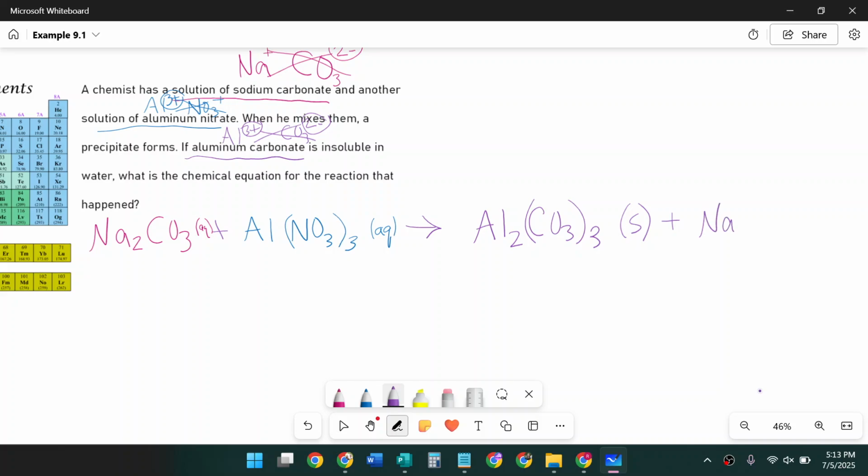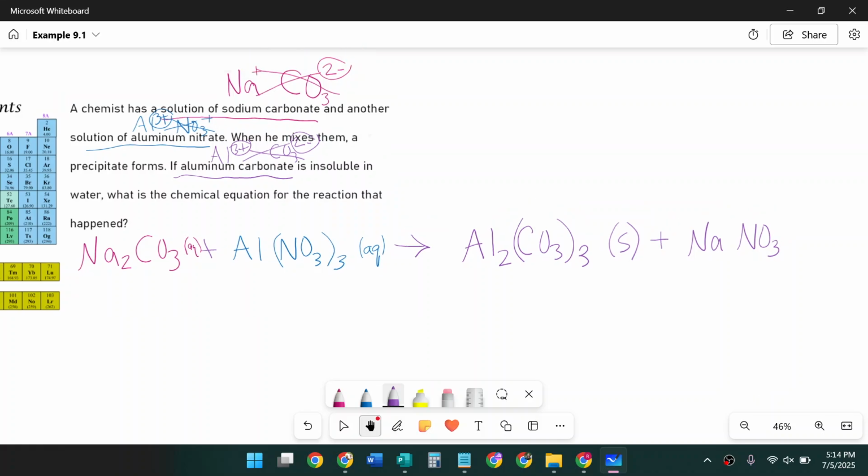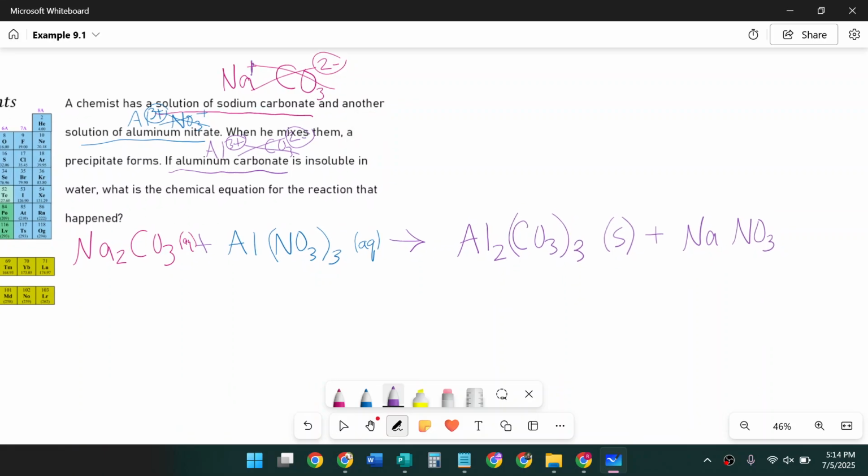Sodium was our one that had just a plus, and nitrate was a minus. In other words, these two don't need any symbols with them because they cancel each other out. It doesn't mention that it's insoluble in water, it only says that a precipitate forms, so that one must still be aqueous.